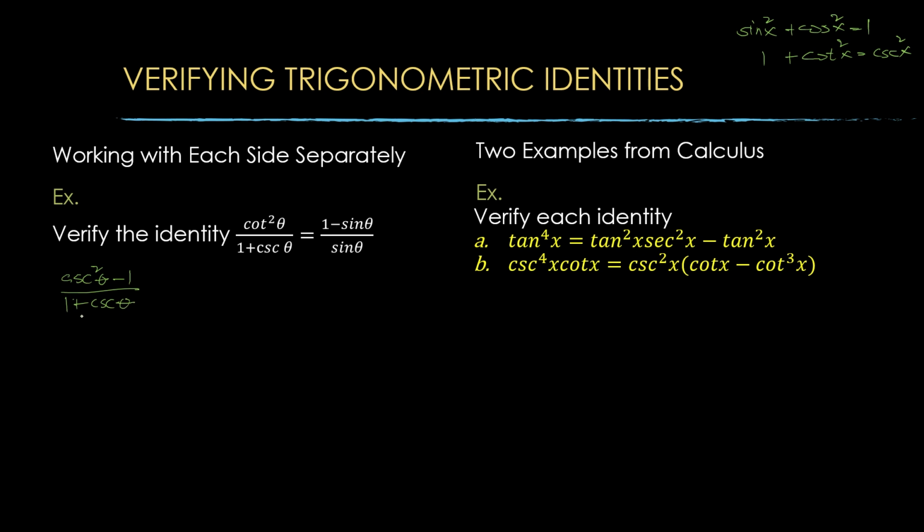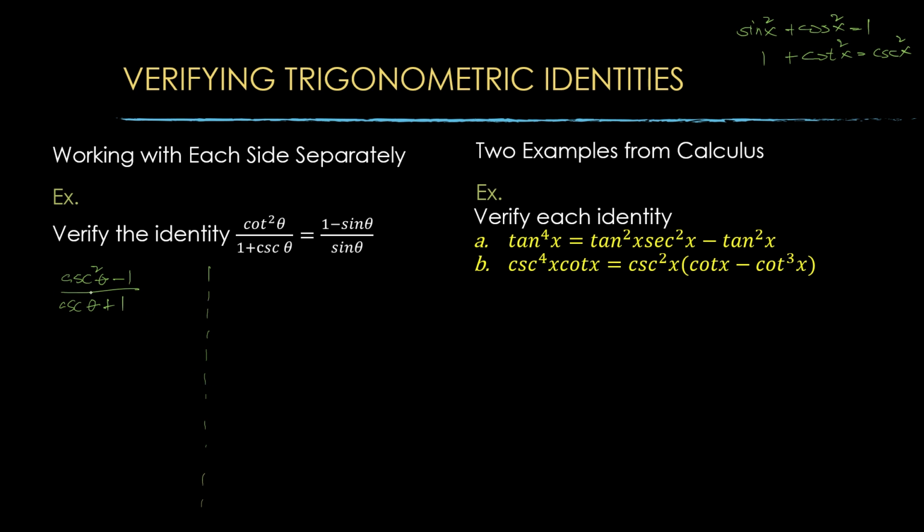Or we can write this 1 plus cosecant of theta as cosecant of theta plus 1. So I'll try to simplify this one separately.